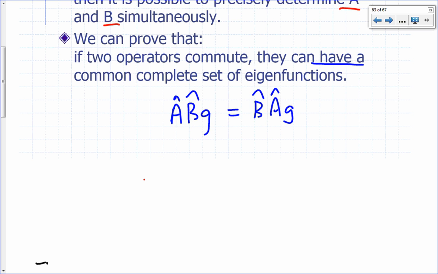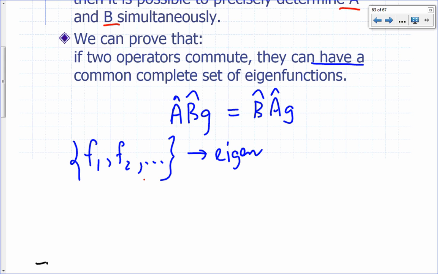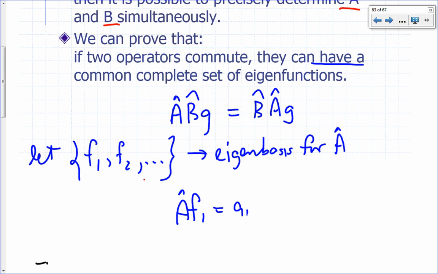That's what we're saying when they commute. Now, let's say F1, F2, F3 is an eigenbasis for operator A. So you're going to say A hat F1 equals A1 F1, right?